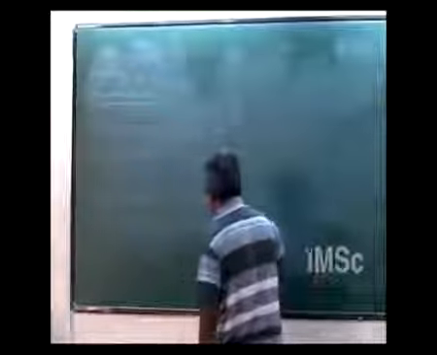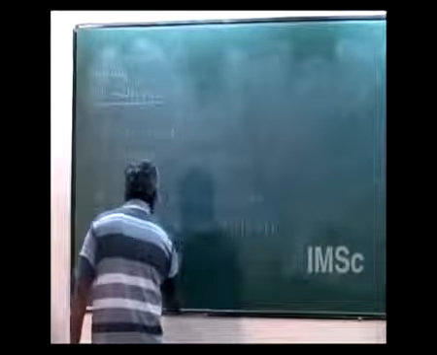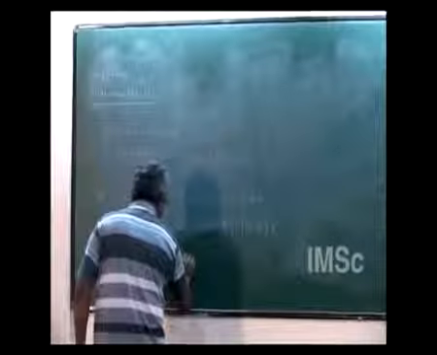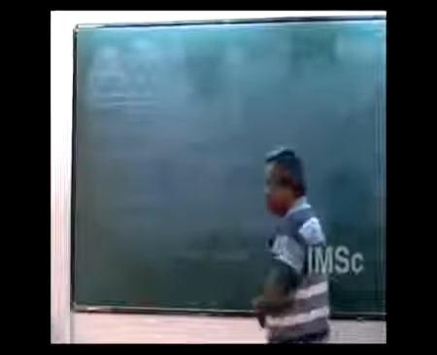Okay. For any edge E, you define it in this way, then the maximum over all E of the congestion of E is minimized. This is what you want to achieve.